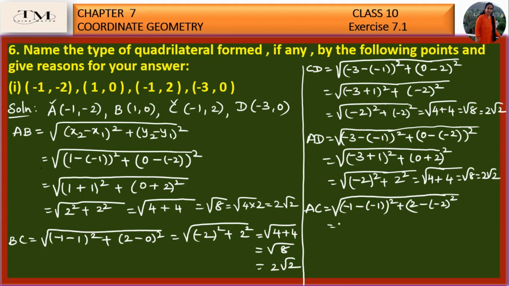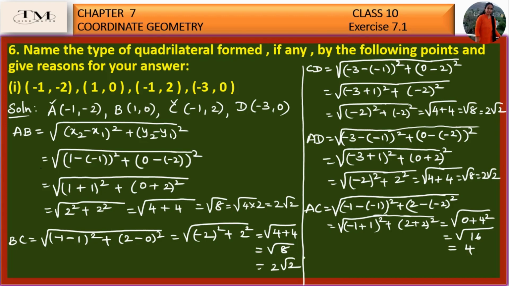You will get the square root of (minus 1 minus into minus is plus 1) whole square plus (2, minus into minus is plus 2, plus 2) whole square. So minus 1 plus 1 is 0. 2 plus 2 is 4. So 0 plus 4 square is 16. So 0 plus 16 is 16. So the square root of 16 is 4. So you get AC is equal to 4.